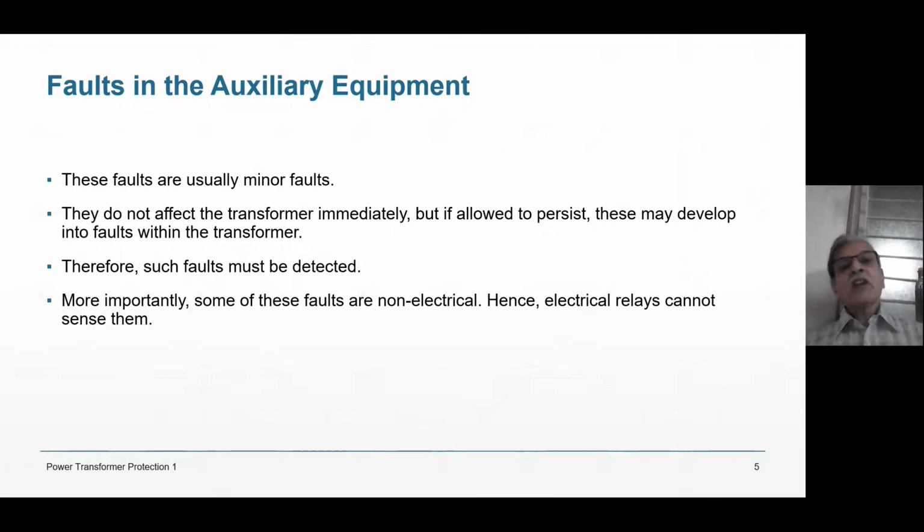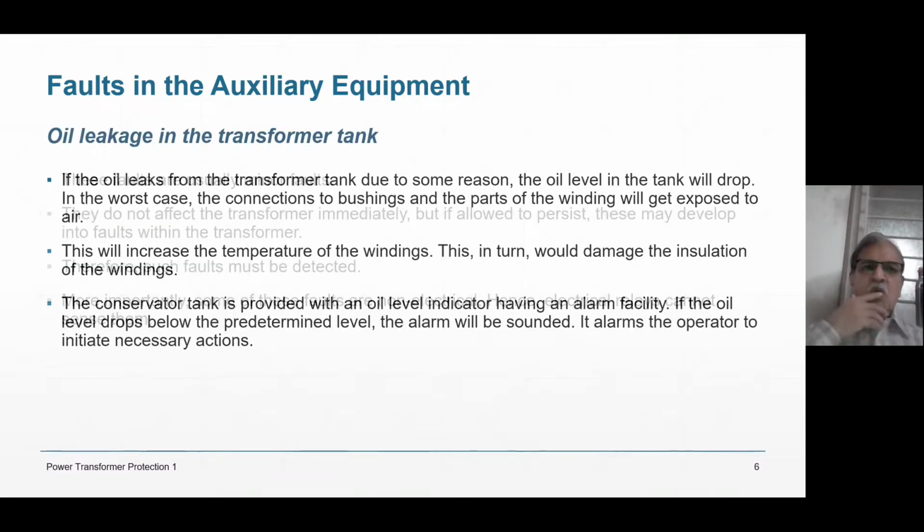So electrical relays will not be able to sense these faults. So we will have to have protective devices which can sense these non-electrical faults. Right? So that is very important. And therefore, the protective devices which are used for such faults are very important. You cannot underestimate them.